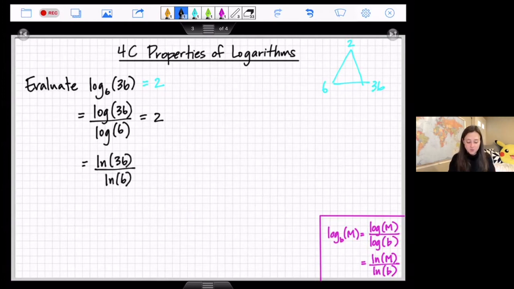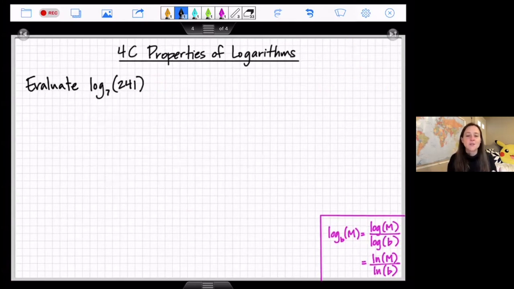So when I find the natural log of 36, that's 3.5835189385. But when I divide that by the natural log of 6, my calculator tells me 2. Right? So this is a good way to evaluate logarithms using your calculator. You can pick your favorite log. You just can't mix and match the logs on top and bottom.